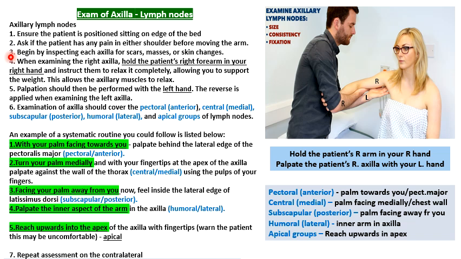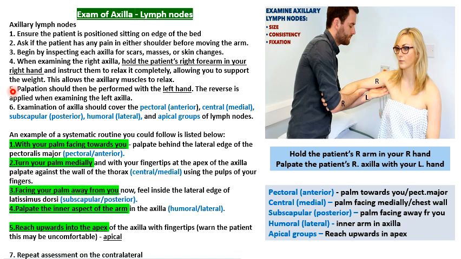Begin by inspecting each axilla for scars, masses or skin changes. To examine the patient, you hold the patient's right forearm in your right hand and instruct them to relax it completely, allowing you to support the weight. This allows the axillary muscles to relax, so it makes the axilla more accessible to examination.